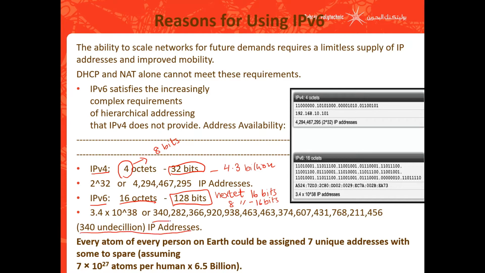I do not even want to read this number out, but this is the number of addresses you would have with IPv6, and that's why we would want to move to IPv6, because now we have a lot more space to have more devices or people joining networks.